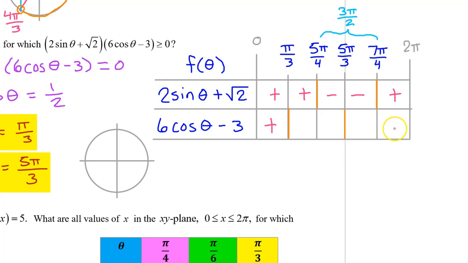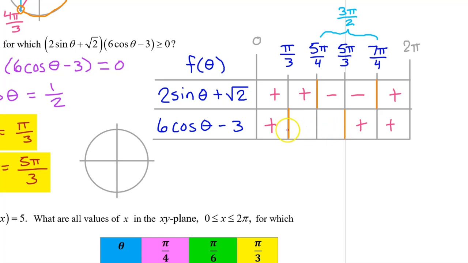Jumping to the end, we can use 2 pi as a test value, and plugging in 2 pi will have the exact same result as plugging in 0, since they are in the same position on the unit circle. So since we got positive when we plugged in 0, we will get positive when we plug in 2 pi.